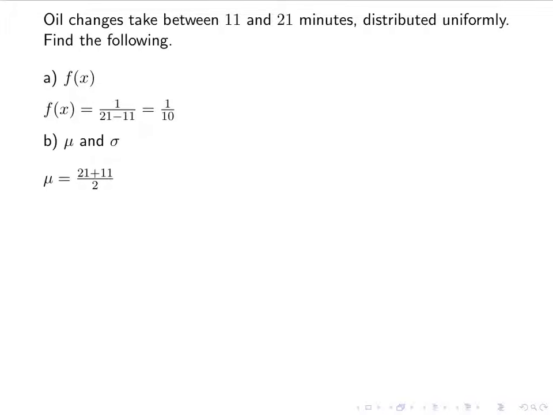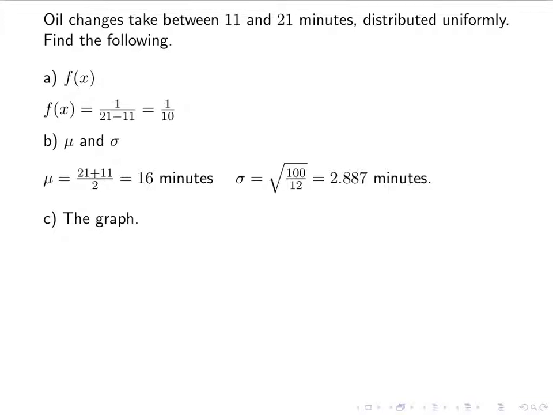Mu is (a plus b) over 2, so that gives us 16 minutes. Sigma is the square root of 100 divided by 12. Remember, this is (b minus a) squared, so b minus a is the 10, 10 squared is the 100. If I plug that into a calculator, I get 2.887 minutes.